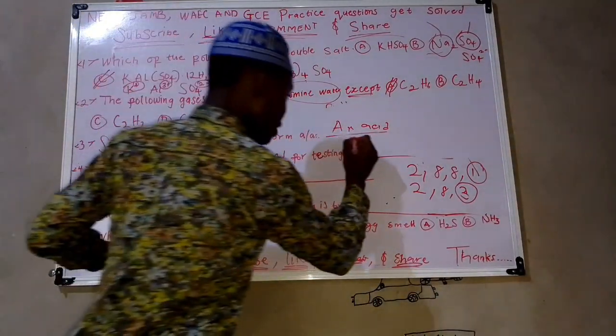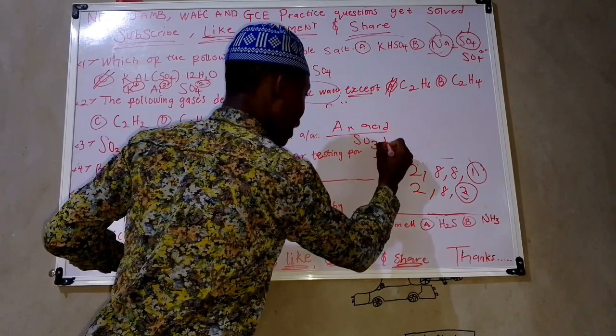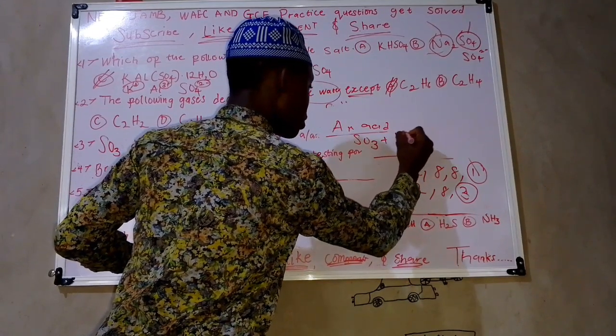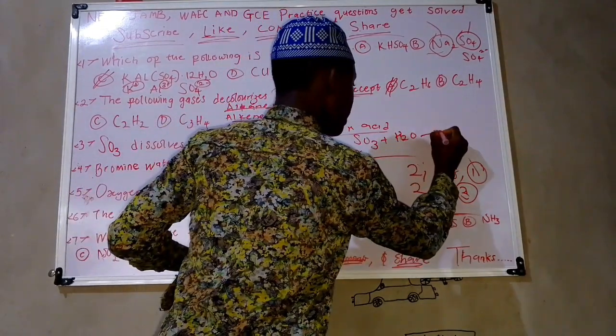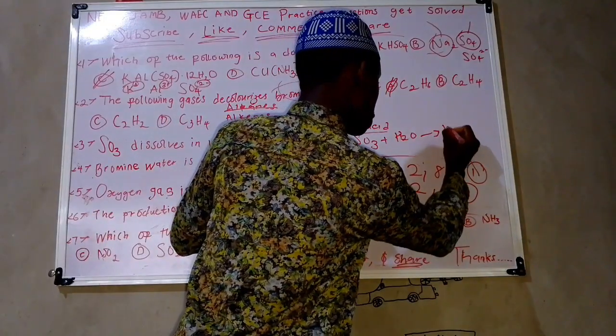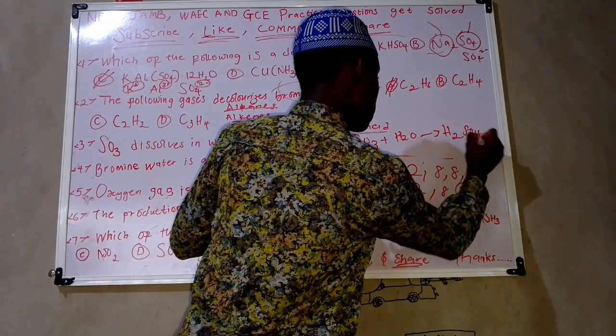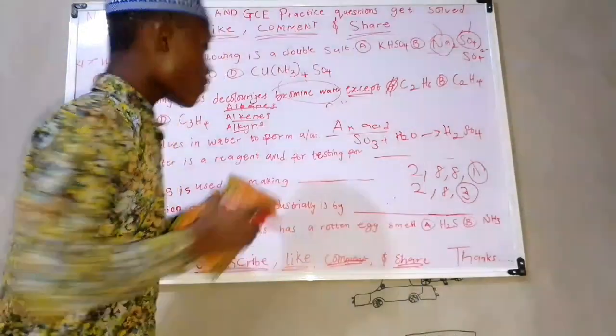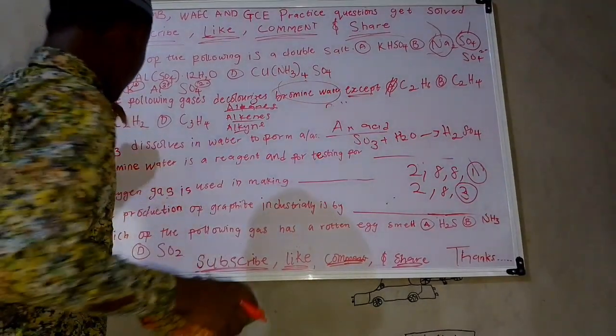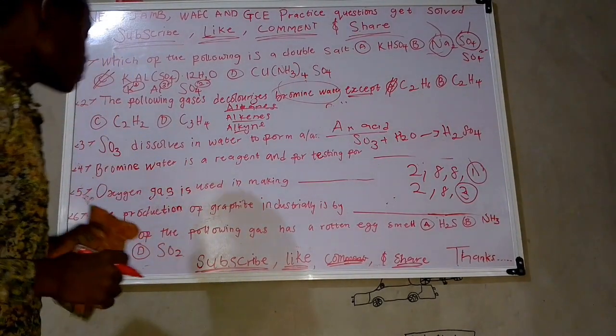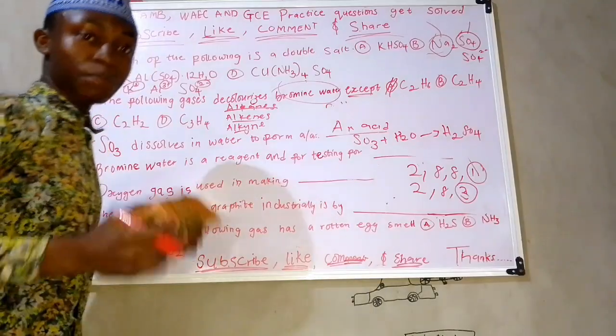Now this is the equation for the reaction. When SO3 dissolves in water, H2O being the chemical formula for water, it gives H2SO4. You can see the reaction for this particular radical, okay? Now let's move to the next practice question.